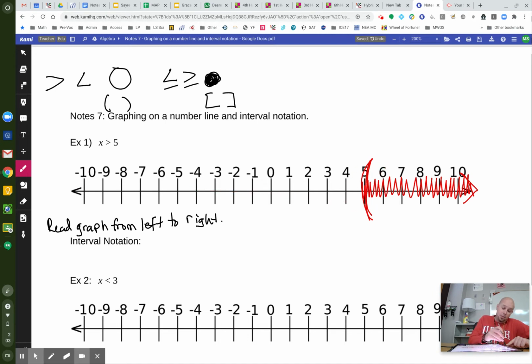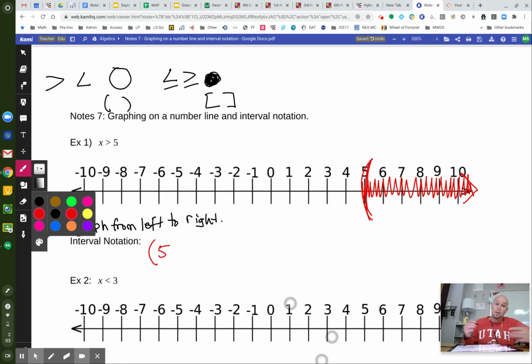So for my interval notation, I'm going to write a parenthesis because that's what it shows. And then that happens to be at the number 5. And then when I do intervals, it's from somewhere to somewhere else. So I'm going to do a comma because now it's going from 5. And then when a graph goes all the way to the right side, that's positive infinity. So we're going to put infinity, and infinity always gets a parenthesis. All right, so there's that example.